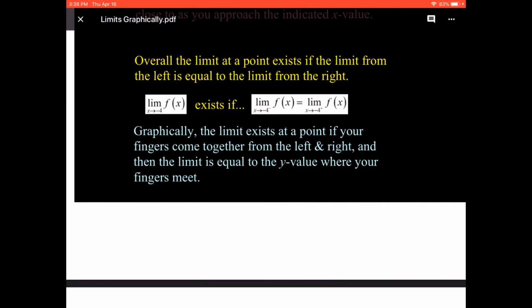Graphically, how would we determine if that limit's going to exist? If we were taking a finger from each hand and tracing, getting closer to that indicated x value, if our fingers actually meet as we get closer and closer to x equals -4, then that limit is going to exist, and the y value where our fingers met is going to be the value of that limit.